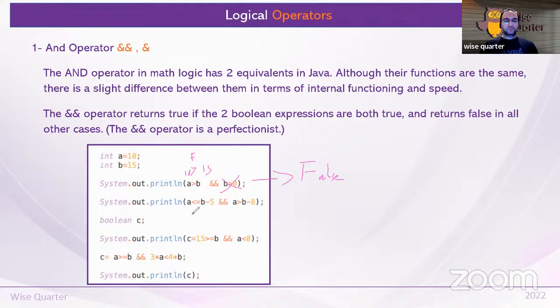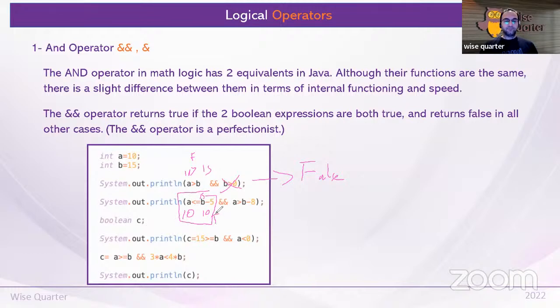So here it says A, 10, is smaller or equal to 15 minus 5, and that will be 10. As you can see, this is true. They are equal, 10, 10. This part is true.